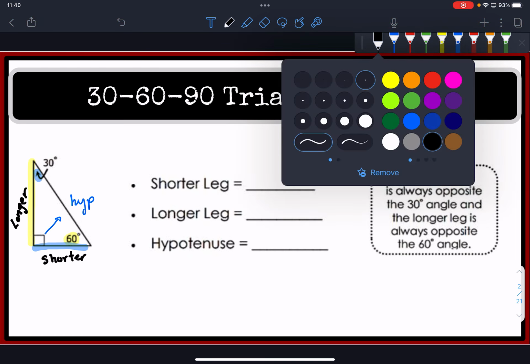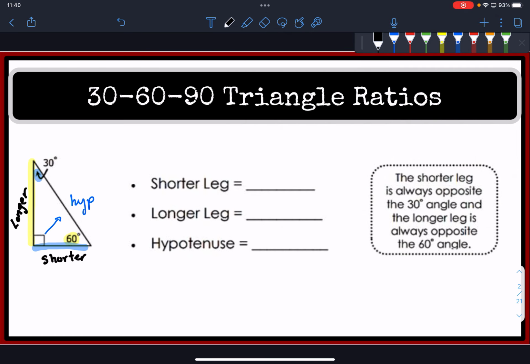So in this ratio, the length of the shorter leg is going to be referred to as n. The longer leg is whatever this n is, times the square root of 3. And the hypotenuse is the length of the short leg, which is n, times 2.